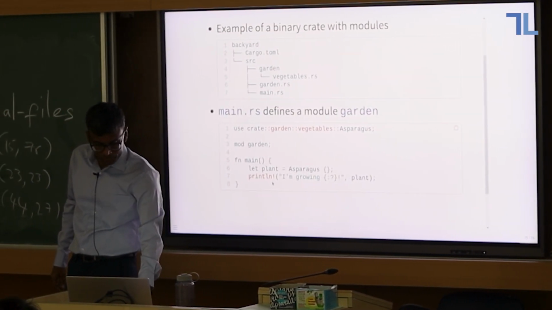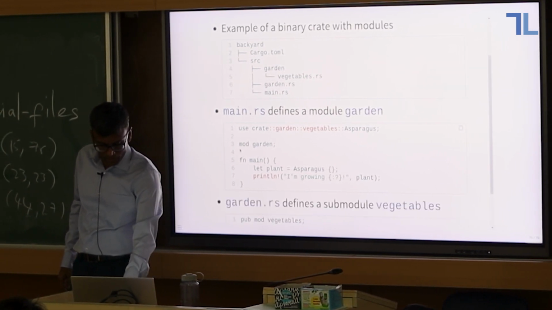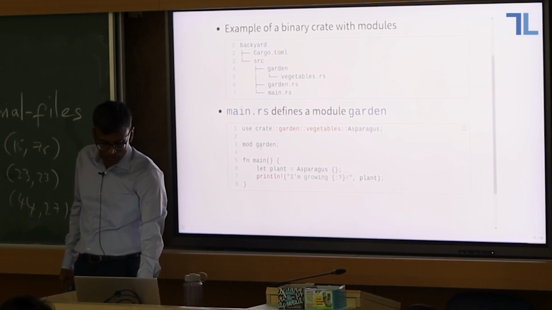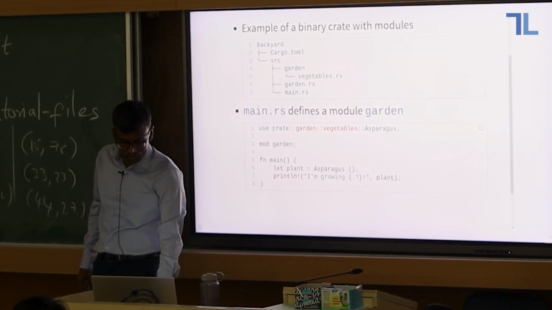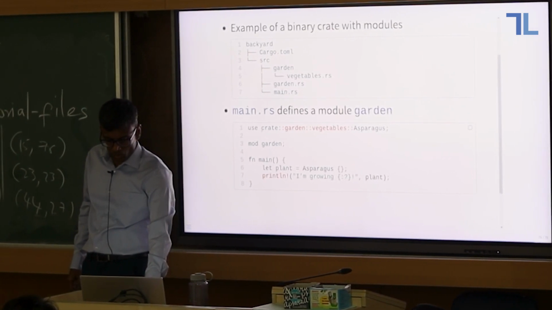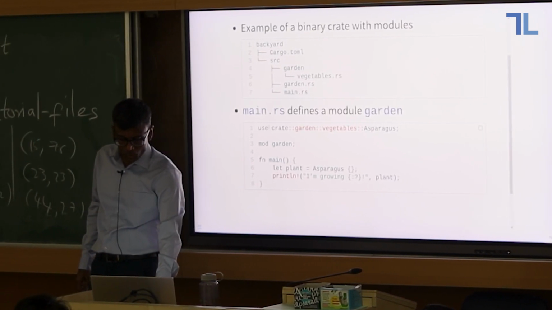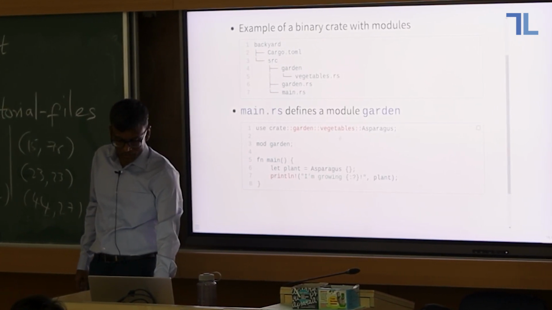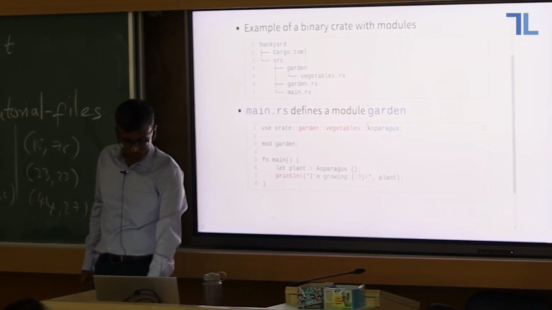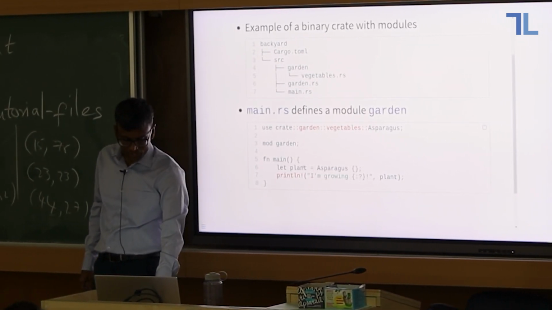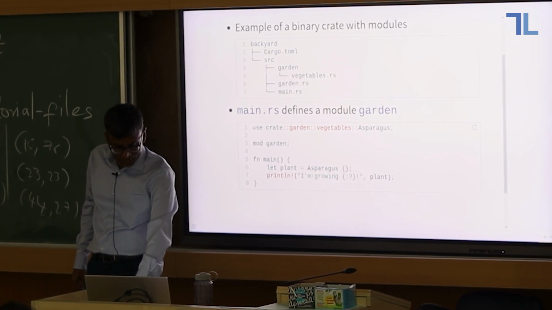The way you define a module is by having this mod garden, and if you want to use code from the garden module, you say use crate, which is the root, garden, vegetables submodule, and we are using asparagus from that. Asparagus is a structure, so you're initializing an asparagus structure and printing something about that.